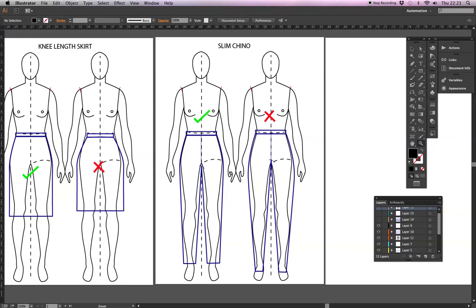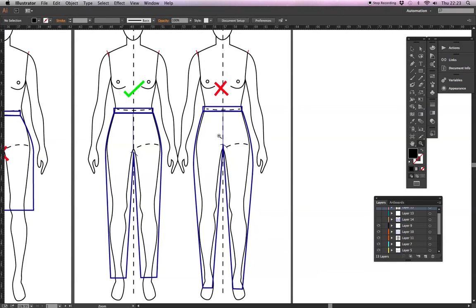So as you can see, let's go to the one that's incorrect. It's quite subtle, but this is the front rise. If we go really closely, we can see it's actually shorter than the lady's crotch area. That would cut right through somebody.